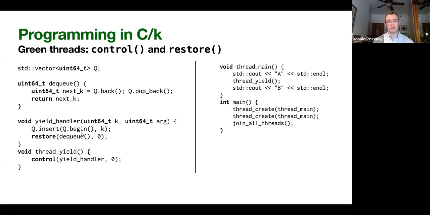The value that you give to the restore is very similar to call/cc in Scheme, in the sense that when you're restoring something in Scheme, you have a functionalized version of the continuation, and you call it with an argument. Right. This 0 in the restore is that argument.